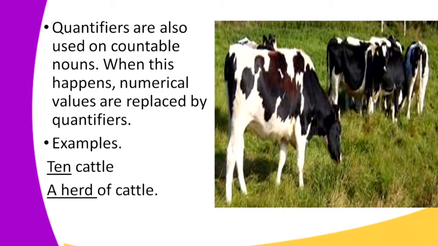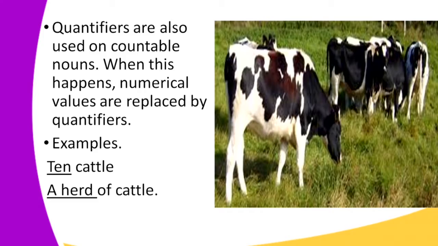When we talk about 2 cups, when we talk about 10 people, when we talk about 6 cows, I want you to note the example on your screen. Talking about 10 cattle, instead of using the word 10, we can use a quantifier, a herd of cattle, maybe to replace 10.